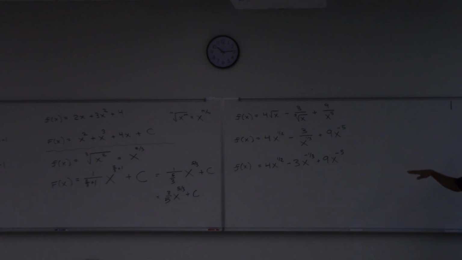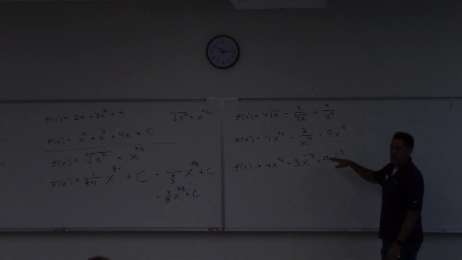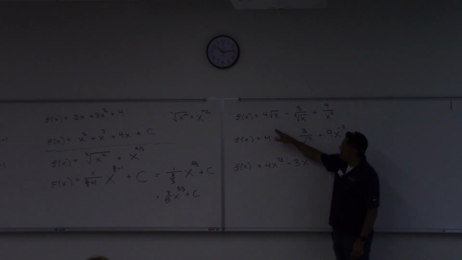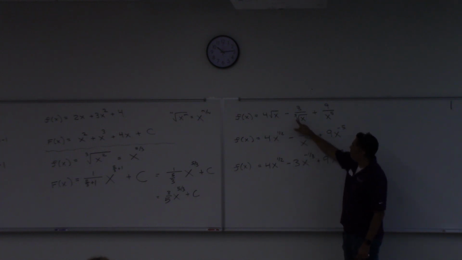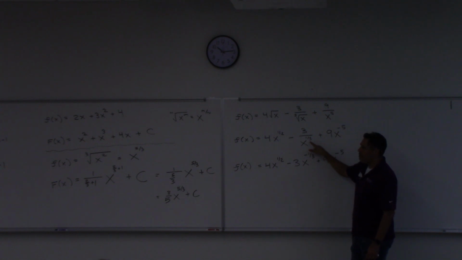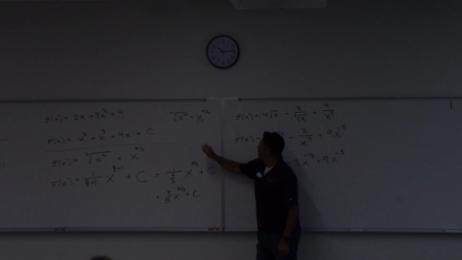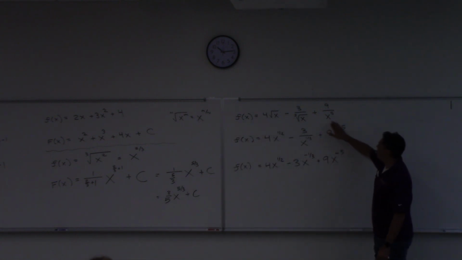So what I've written on the board here, I have done no actual calculus yet, right? All I'm doing is rewriting everything. Rewriting this as x to the half, rewriting this bottom as x to the 1/3, that's using this right here. And then this one, I decided to bring up as a negative exponent.